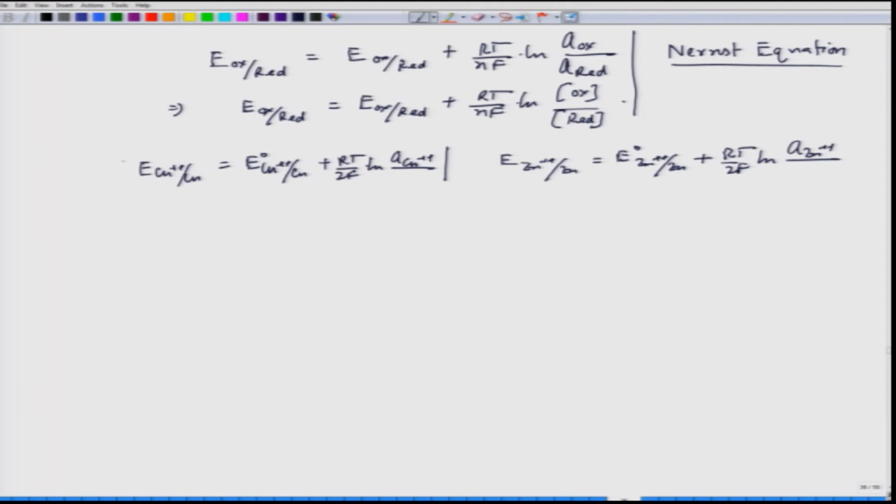Now, this side is positive, this side is negative as per our observation that the current is flowing from the copper side to the zinc side. So, then the potential difference would be, which is nothing but E0, not E0, because we are not specifying whether the system has reached a standard situation, because the activity of copper plus plus and activity of zinc plus plus may not be 1.